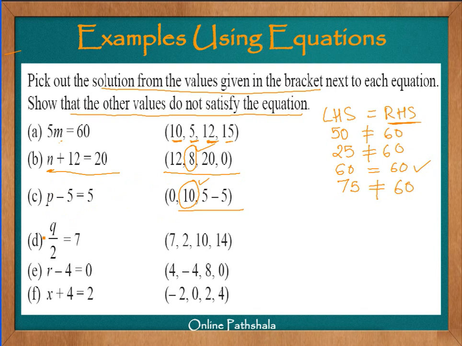Okay, so now we have an interesting thing here. We have q by 2 equals 7. So what value of q would give me 7? I would ask like this: what value should q have which, divided by 2, gives us 7? We know that 14 divided by 2 is 7.